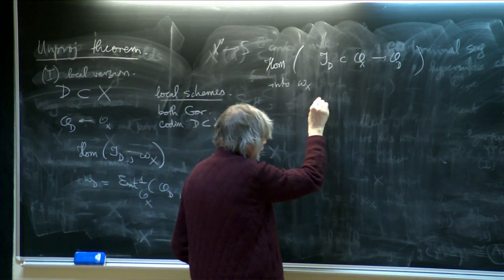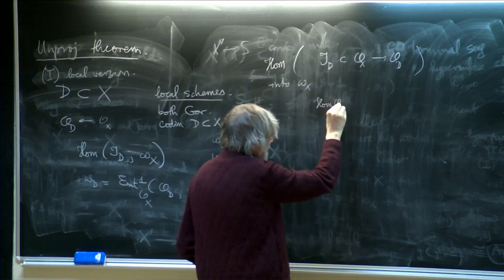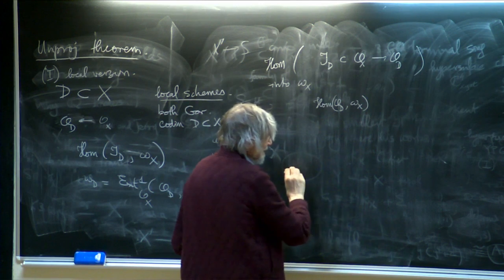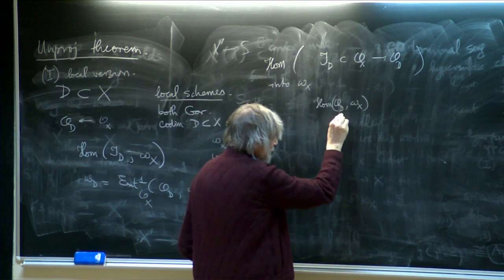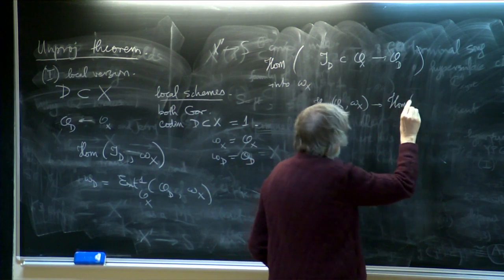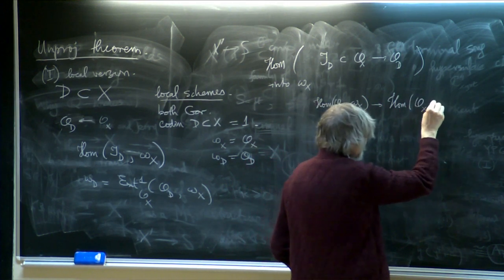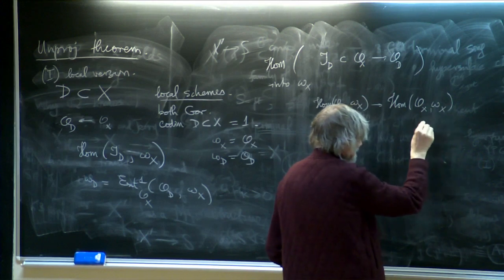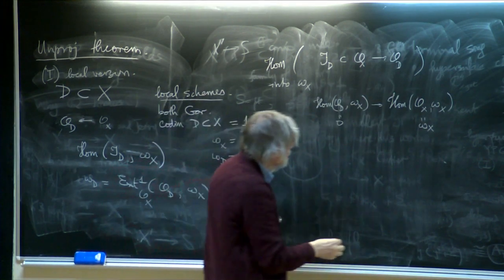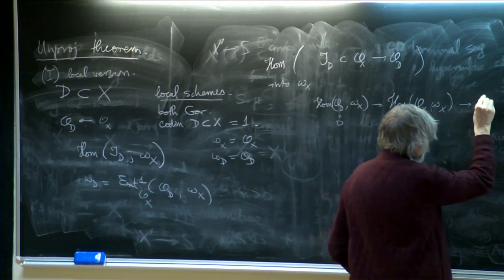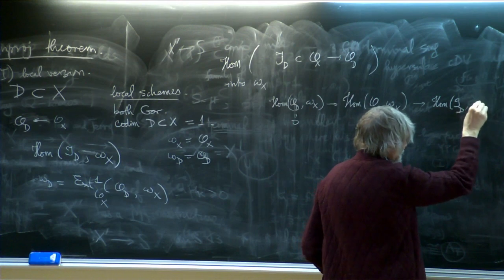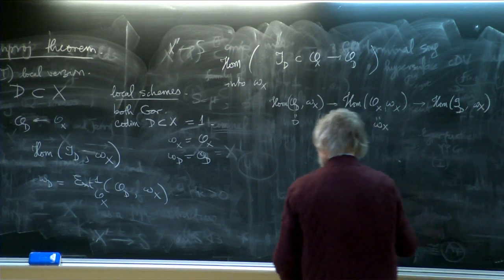So I get HOM OD into omega X. So this is 0. Then I get HOM OX into omega X, this is omega X. I'm doing nothing at all there, right? And then finally I'm getting to this HOM ID omega X, right? And that's the thing I'm talking about.